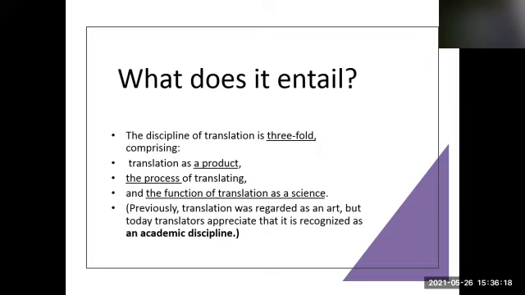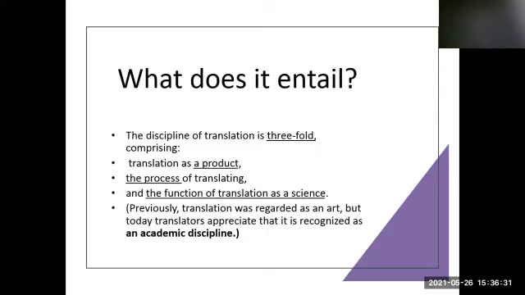This is a product. When you translate something, you are producing a text. Yes, there is an original writer for this text, and yes, somebody wrote it, but when you transport this text from one language to another, you are producing something. This is number one. Two, when you start translating from beginning to end, this is a process.